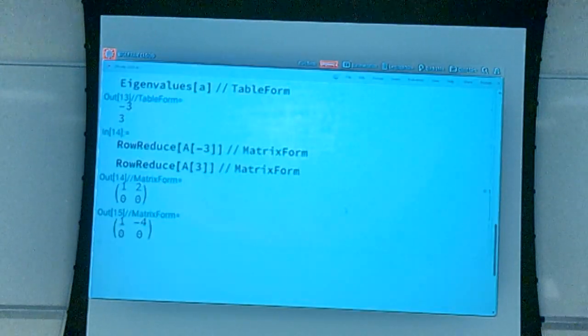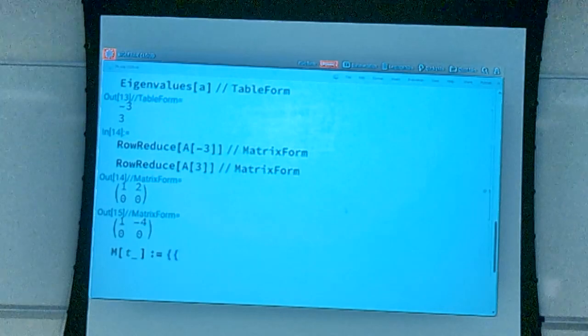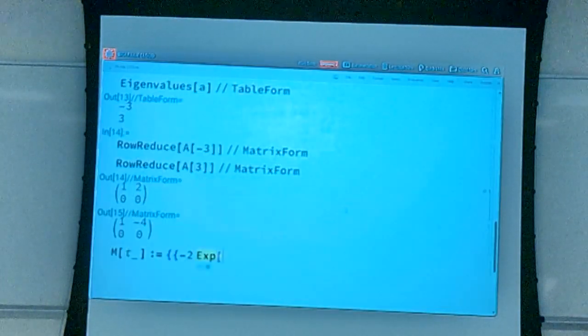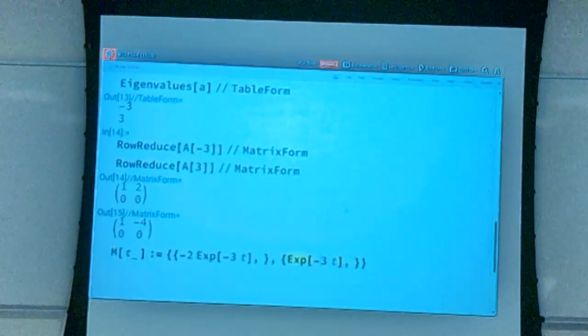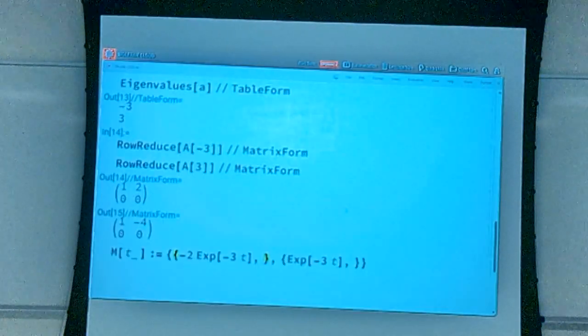What's the second solution? 4, 1 times what?